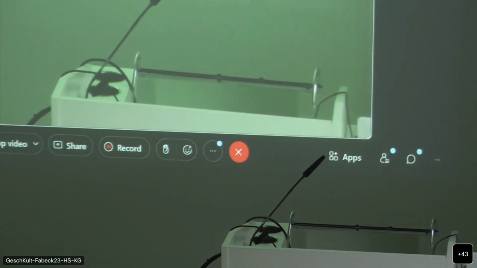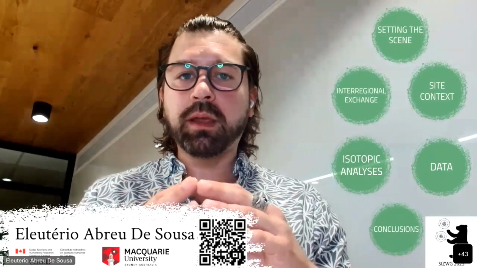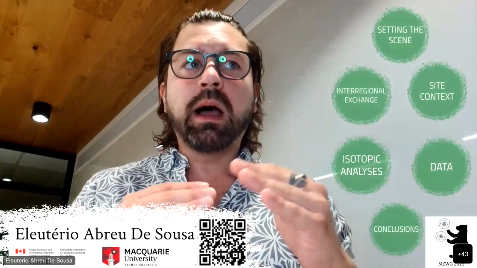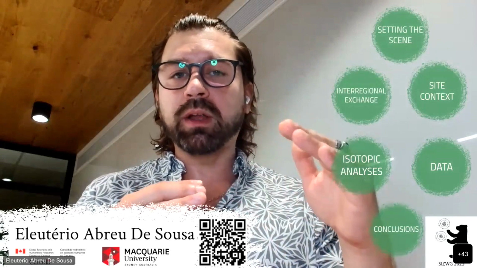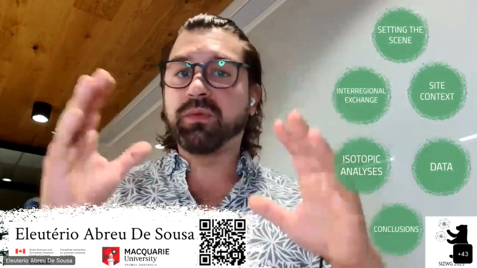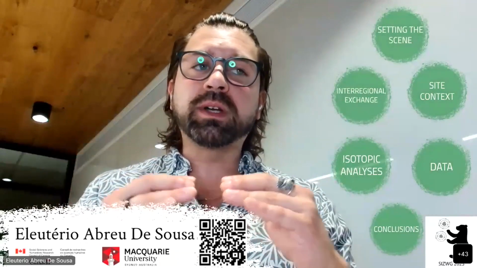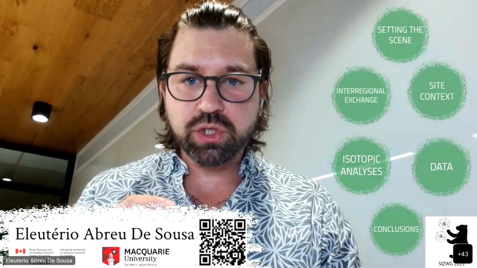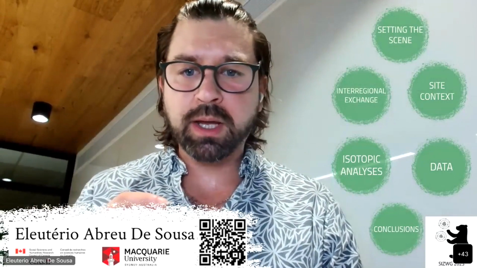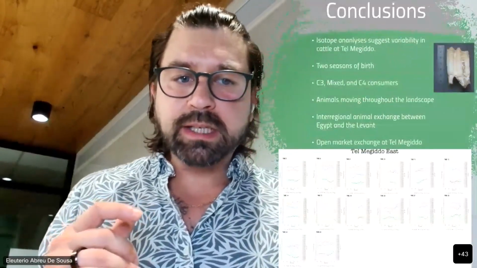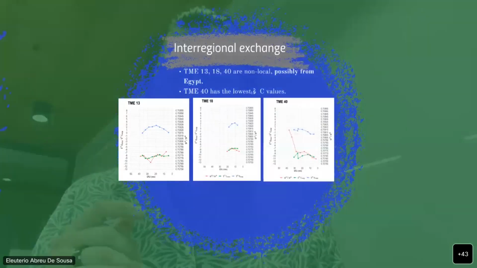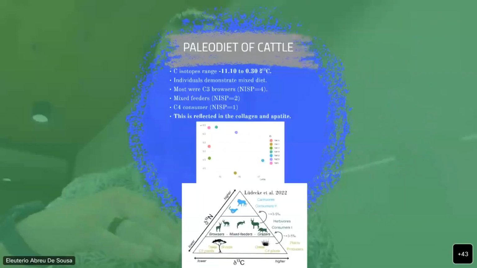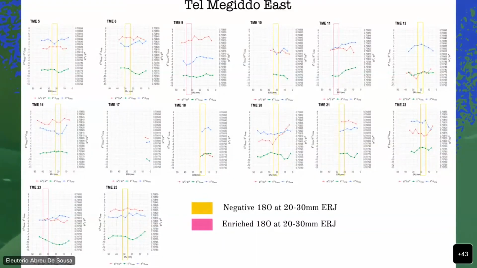Yes, we do. I haven't been able to identify specifically in the wet and dry season if they are not grazing or eating plants in particular areas at each season. It's quite variable, but you do see, for instance, in TME5, which I can just share real quickly here, I know we don't have very much time, but in TME5, we do see that the individual is consuming in one region.